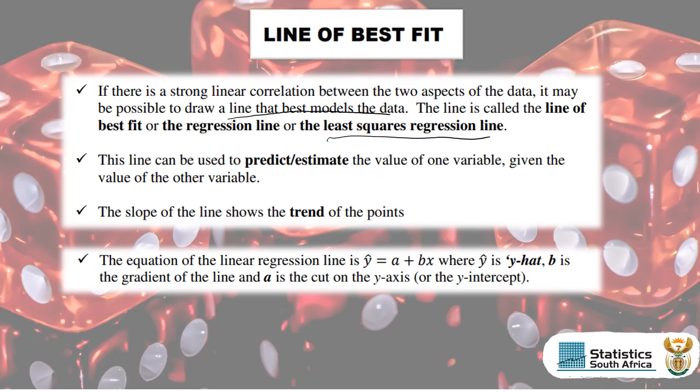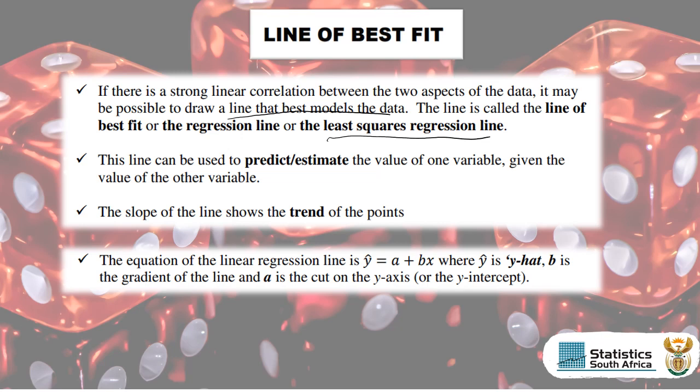So this line is used for what? We use this line to predict or estimate the value of one variable given the value of the other variable. That is also called to interpolate, and sometimes to extrapolate.